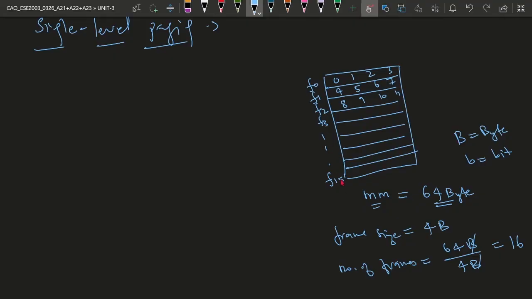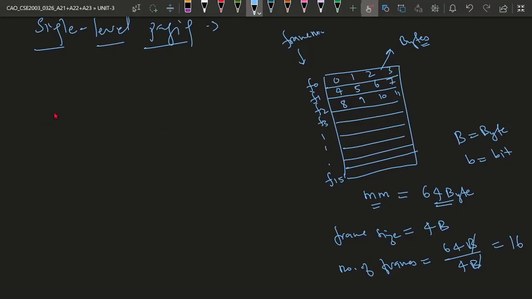So this is the frame number, and these are the bytes: 0 byte, 1 byte, 2 byte, 3 byte. These are the bytes being stored at frame number 0. So this is the main memory.